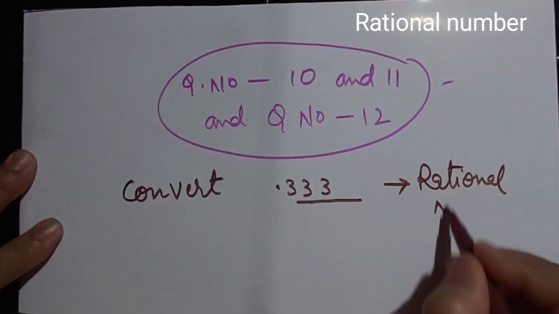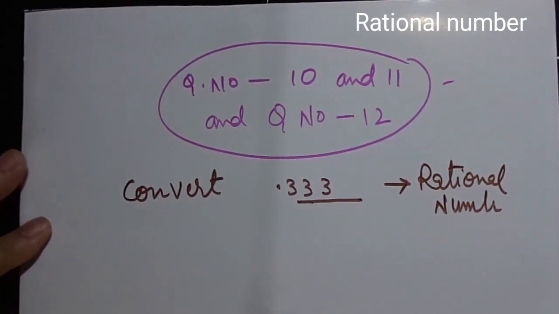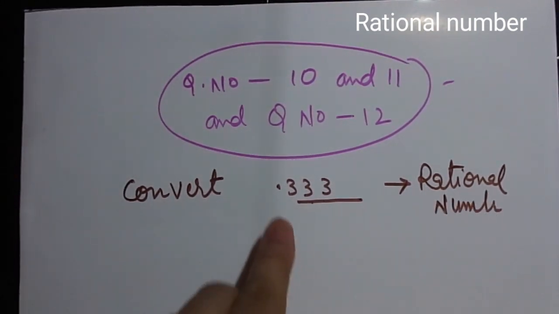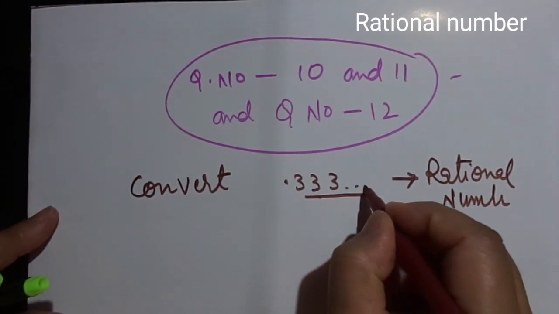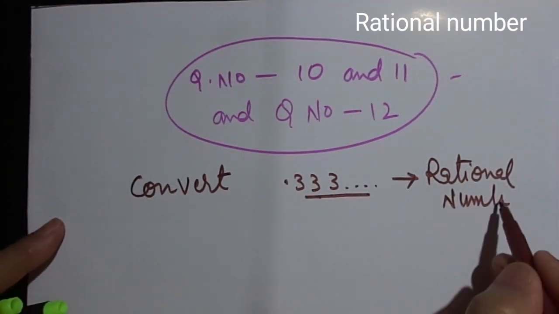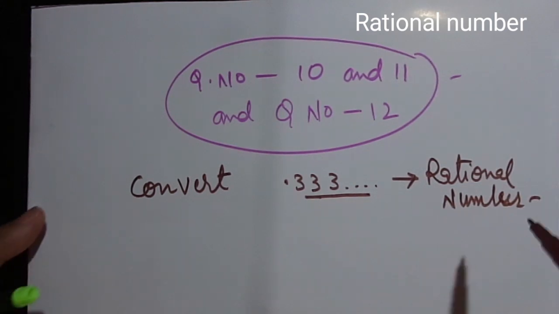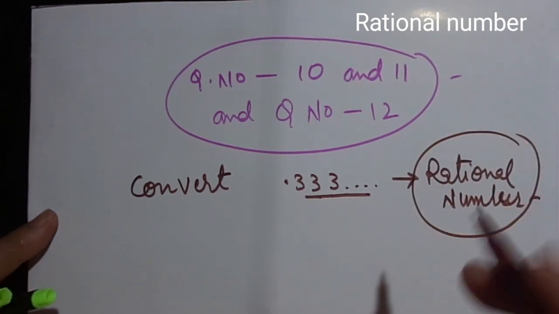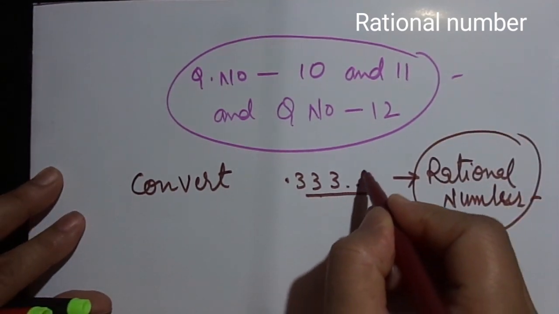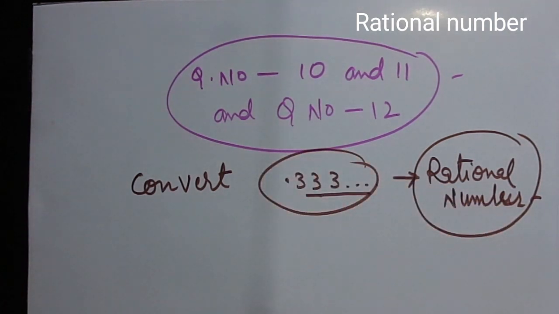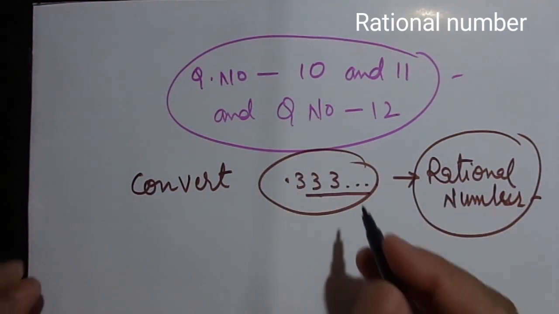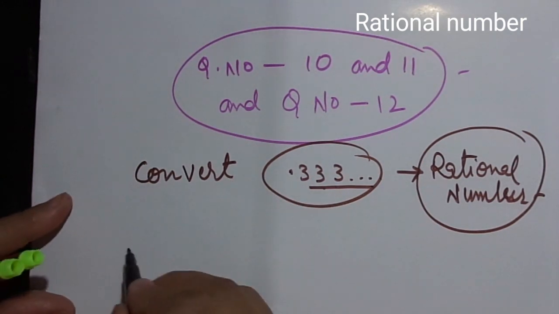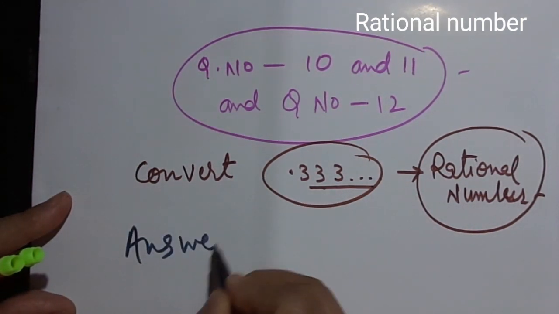I have given you 0.333 when it continues, and you have to convert it into a rational number. So this is your home assignment.